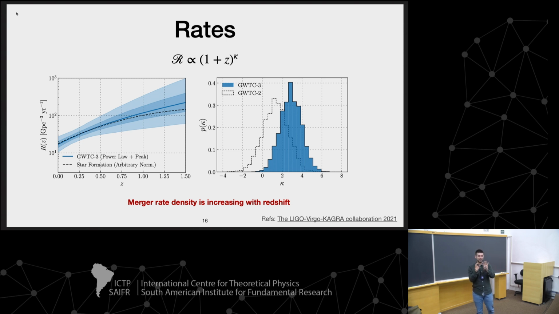This might be trivial in a way now that I said it to you, but this wasn't granted before having this measure, because it depends on how black holes form. If they form from stars, well, it makes sense. But if they are, for example, primordial black holes, there's nothing that tells you that they should follow the star formation rate.